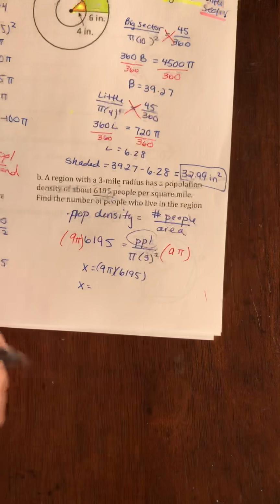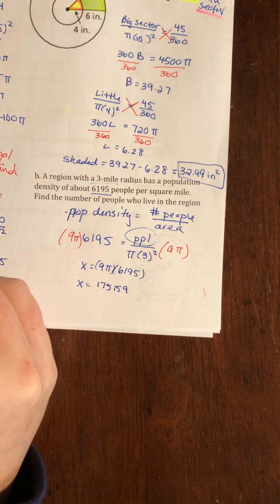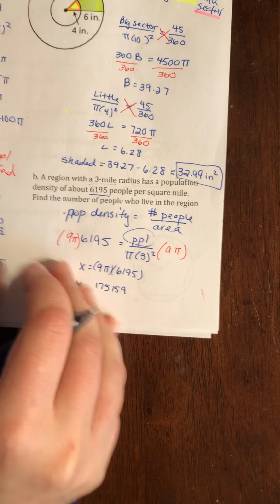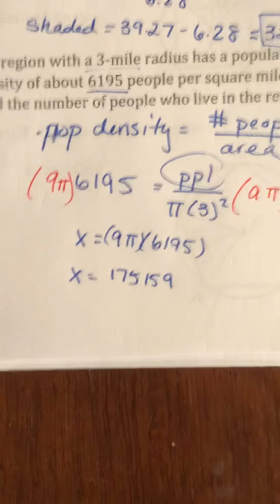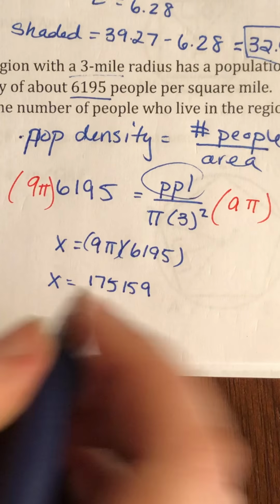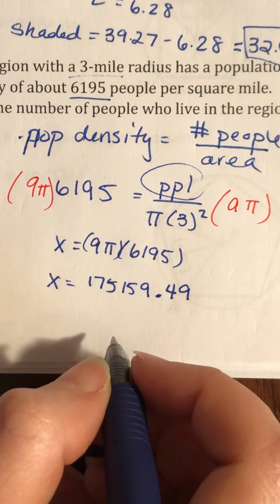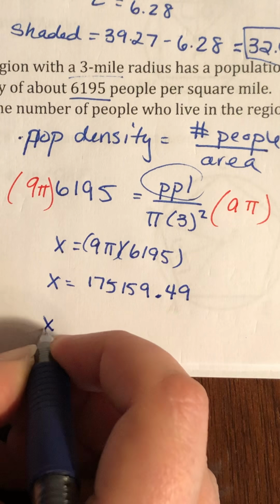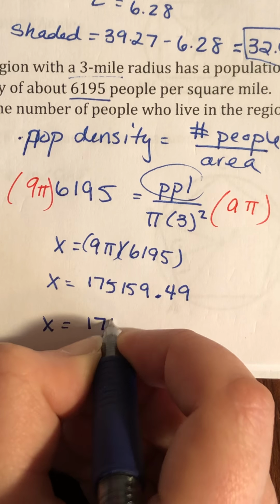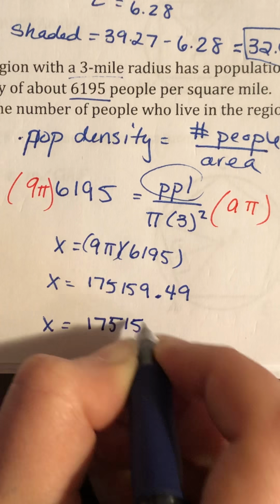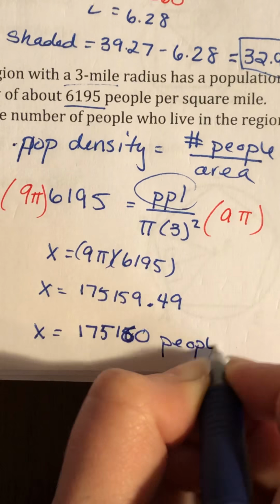Now, logically, it's asking how many people live. So people are whole. So when you're talking about something like this, we round up. We round up to whole people. There are no half people. So we get 175,160 people.